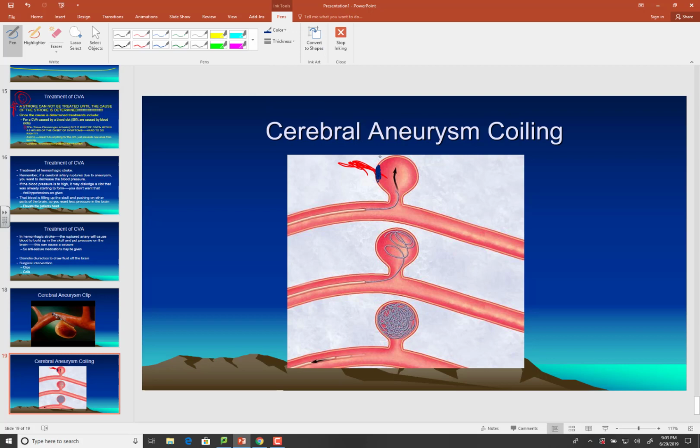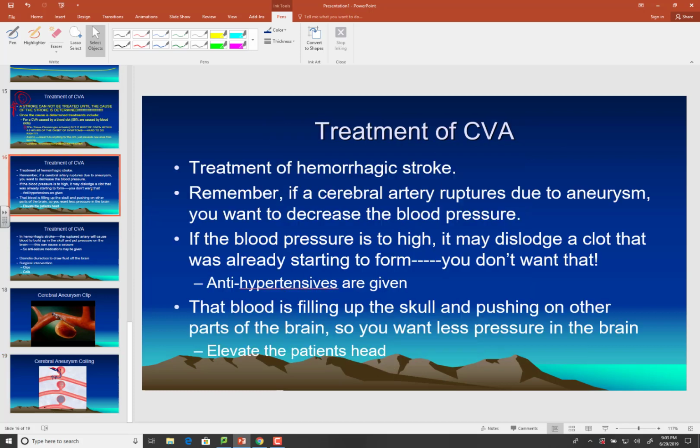Now look, if you form a clot, you don't want the pressure in those arteries to be high. If it is, it can dislodge that clot, and now you've got problems. So one of the things that you do, or the doctor will do, is order antihypertensives.